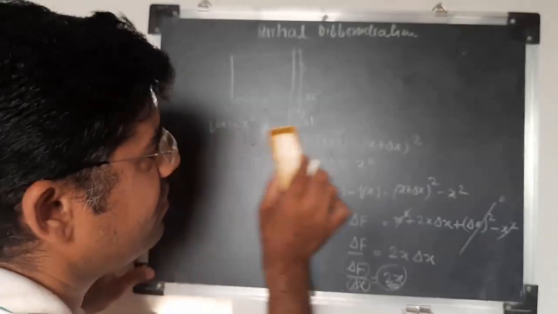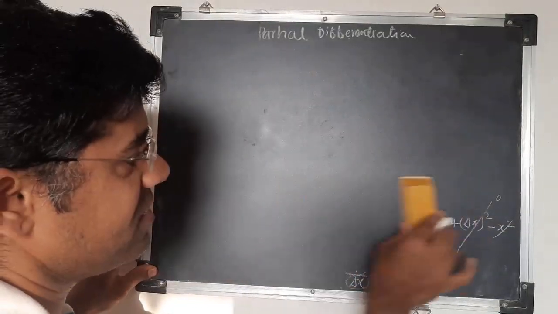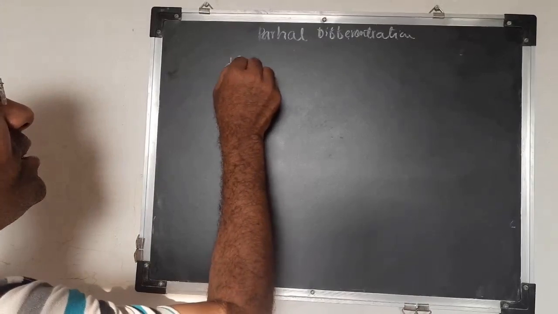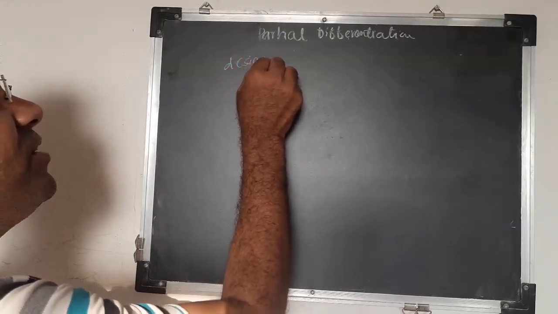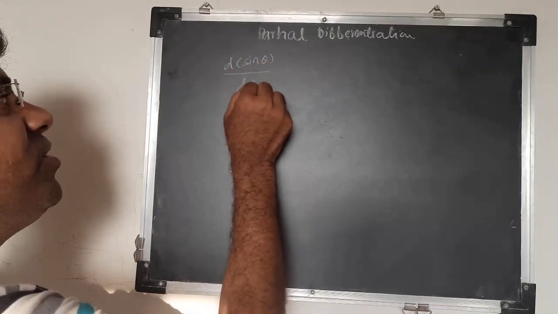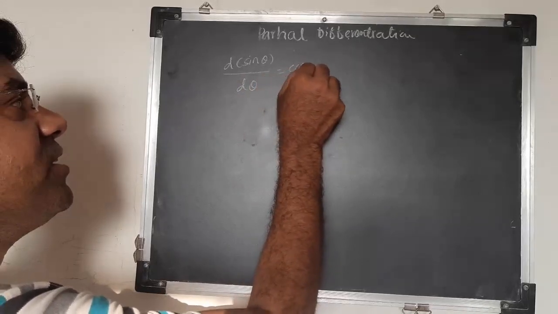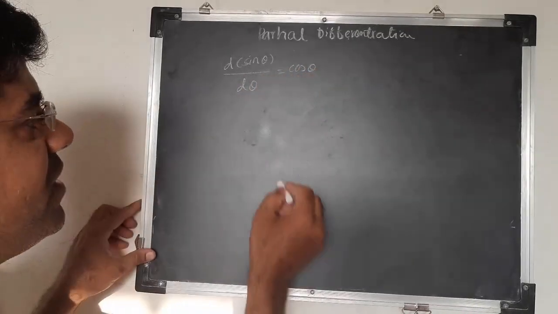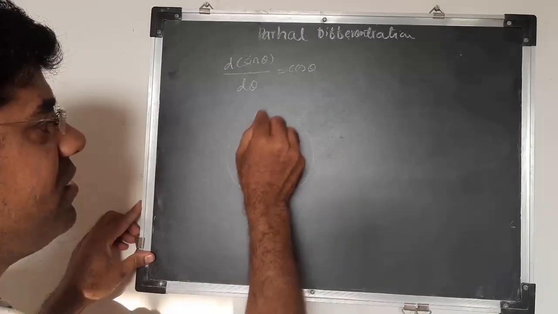Again, one small case, I will take the example over here. So many times we can write d of sine of theta upon d theta. How much is this? This is cos theta. How can we take this particular quantity in a graphical way? So this is your circle.